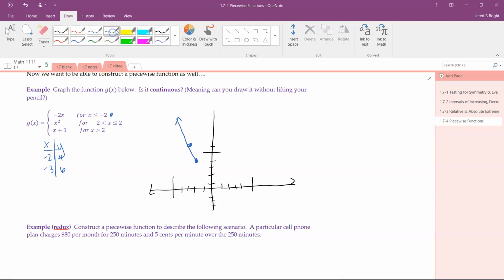Okay? For the next piece, x squared, we kind of know what that looks like. That's going to be our basic quadratic, and I need to stop when x is 2, so something like that. I'd have an open dot technically there. Okay, and for the last one, if you need to make a little table, this would be a line, slope 1, shifted up 1, but we need to begin at, say, 3 and 4.